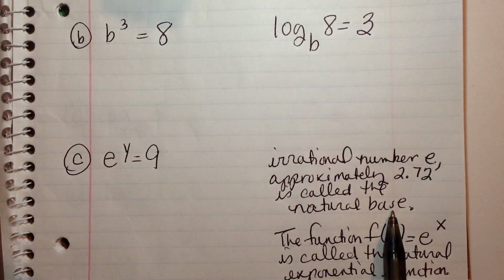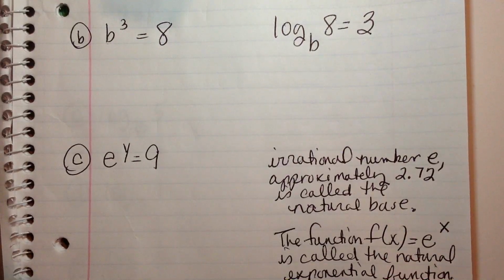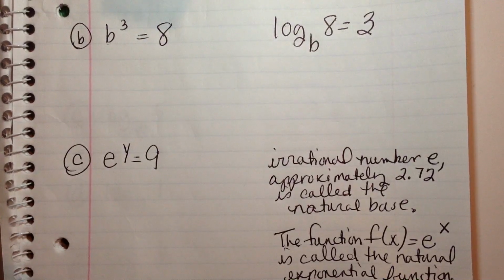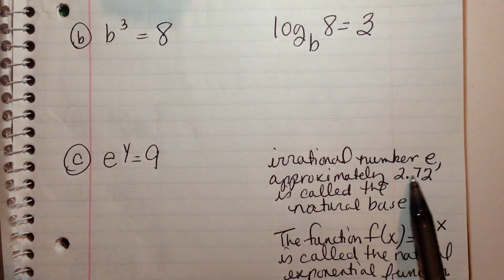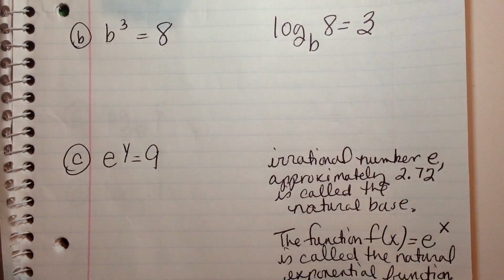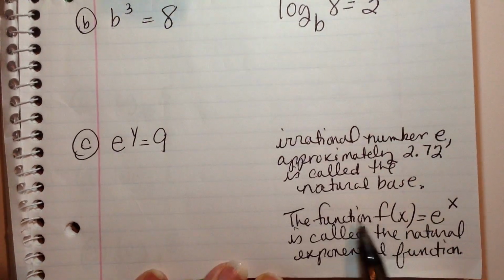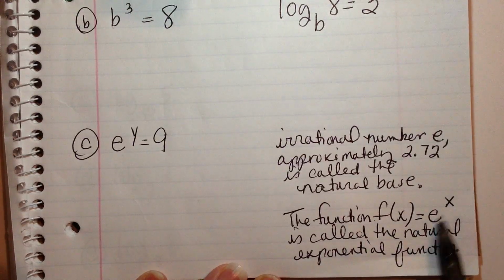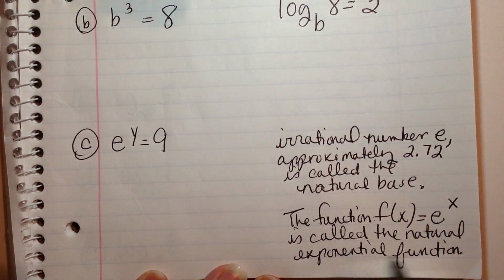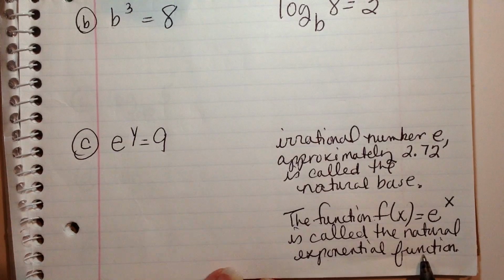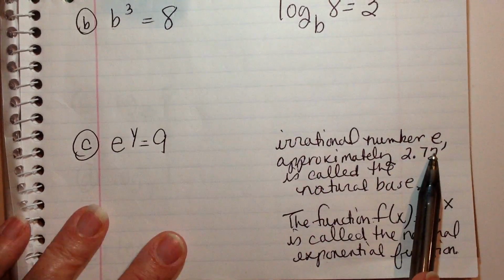Pi is an irrational number. You can find pi on the calculator. You can also find e on the calculator. If you press e, its value is 2.72. So anytime you're asked to graph anything with e being raised to a power, you would use your calculator. The function f of x equals e to the x is called the natural exponential function. So that's just a little information about e.